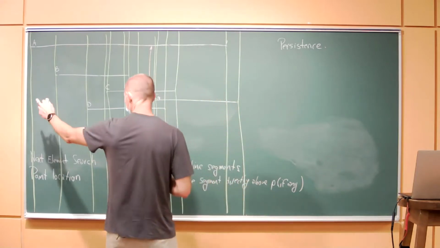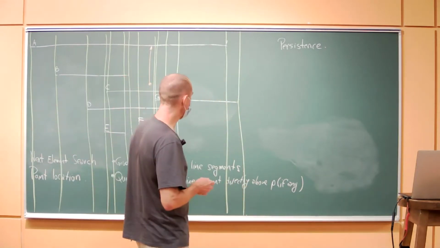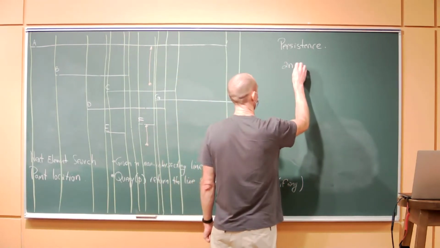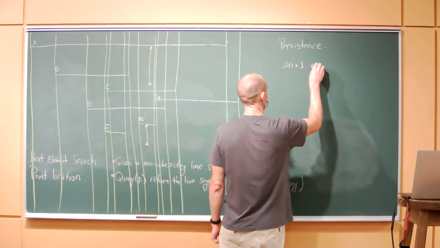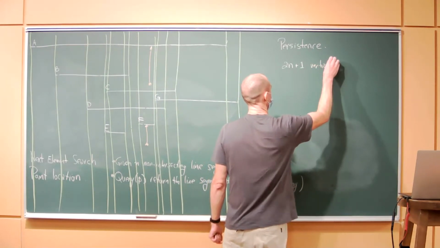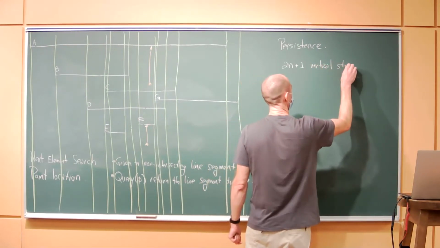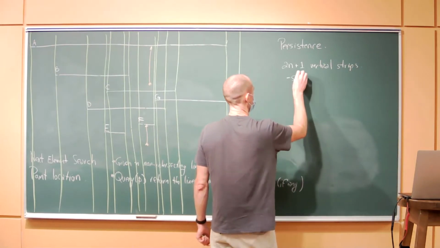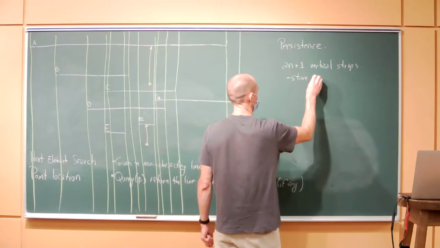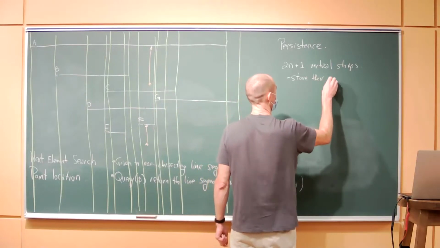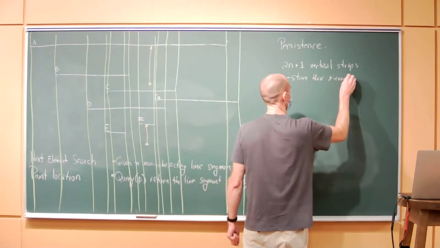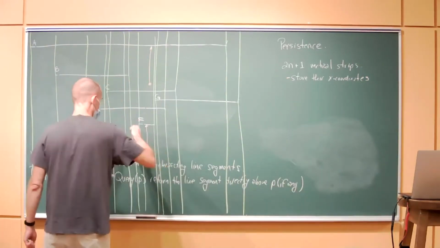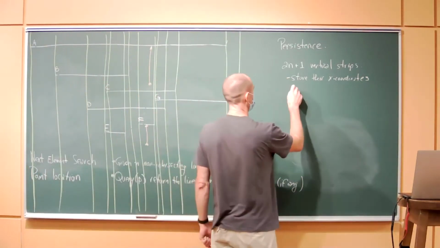So if I have n line segments, I get something like 2n plus 1 vertical strips. Let's store the x coordinates of the boundaries in a sorted array, maybe.